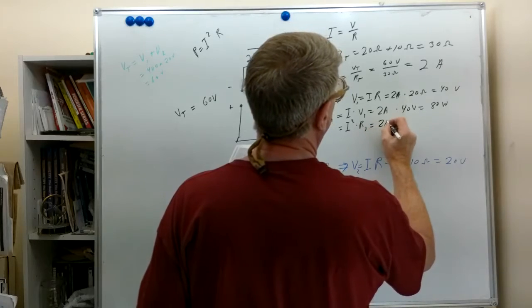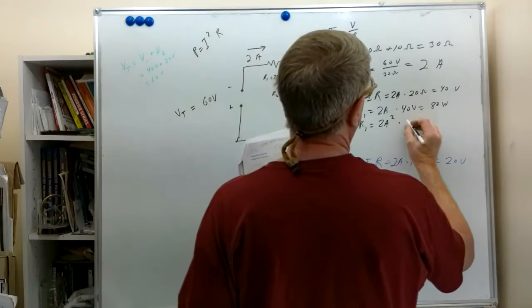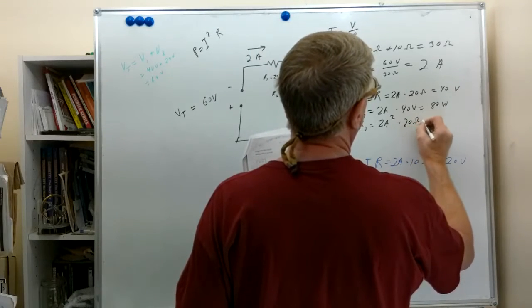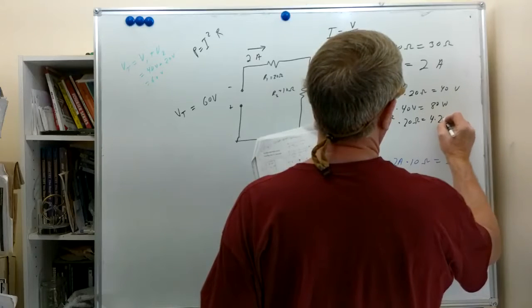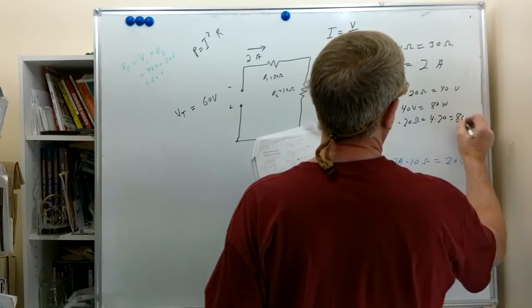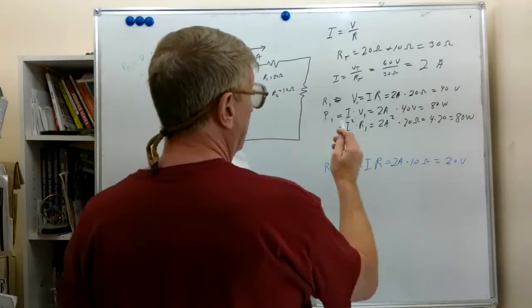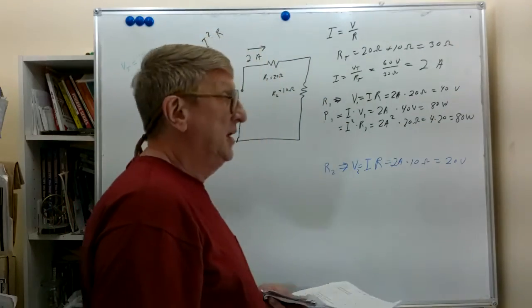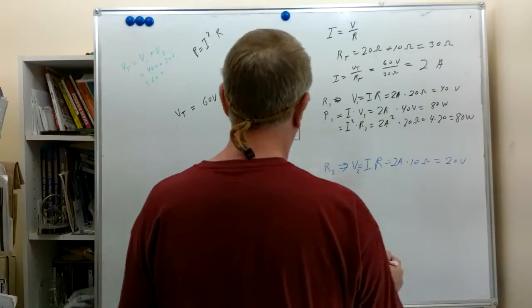So we've got the 2 amps, and we're going to square that and multiply it times the 20 ohms. So that becomes 4 times 20 equals 80 watts. So you notice they're consistent. The two different power formulas gave us the same power dissipated across this R1.